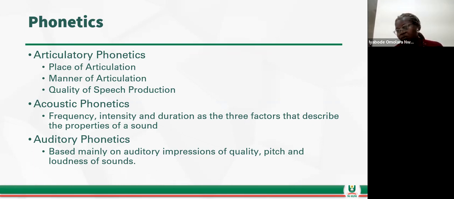Of course, you use spectrographs and spectrograms to measure those. Auditory phonetics is about the perception of the sound: the auditory impressions of quality, pitch, and loudness of sounds. So you have these different aspects of phonetics, and they study these different aspects.